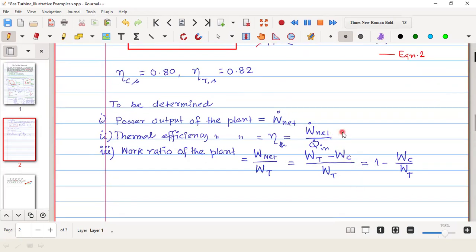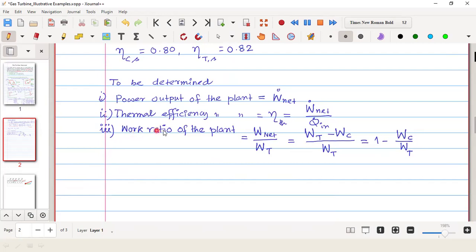Okay. So this is the definition of work ratio. There is another quantity that is defined, called back work ratio, that is basically the compressor work input divided by the turbine work output. Okay. Now we will go for solution. Follow the solution strategy carefully.